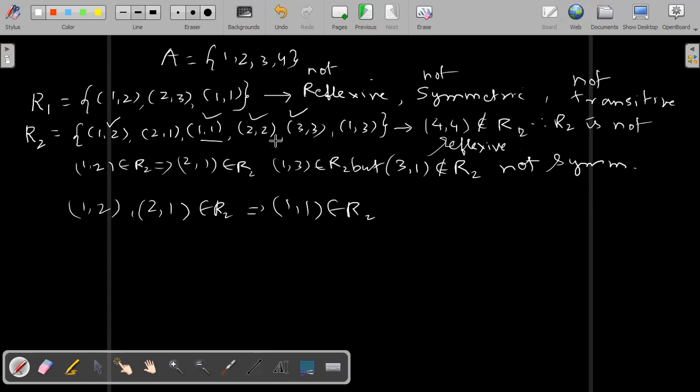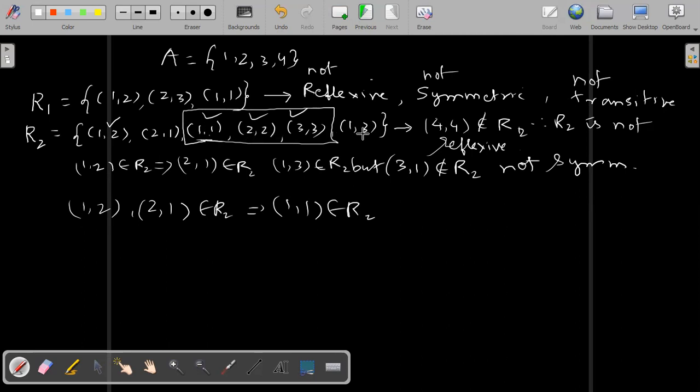Then 1, 1, 2, 2, 3, 3, you leave. These will always give you transitivity, symmetricity, all. Okay, got it? Because 1, 1 will be 1, 1 only, that's why. But here, any other number ending with 1, 1: 1, 1 and 1, 3.